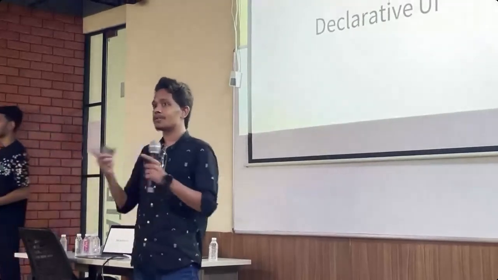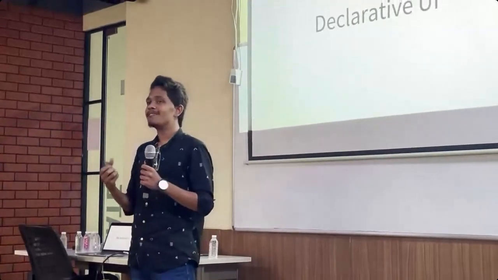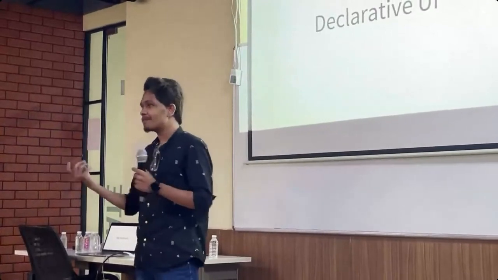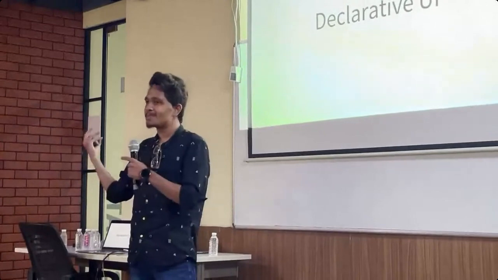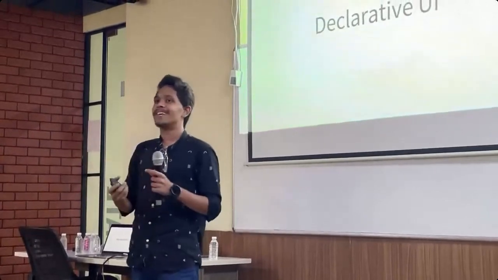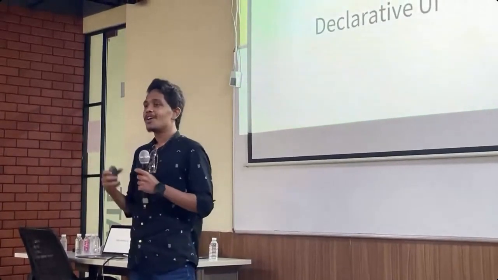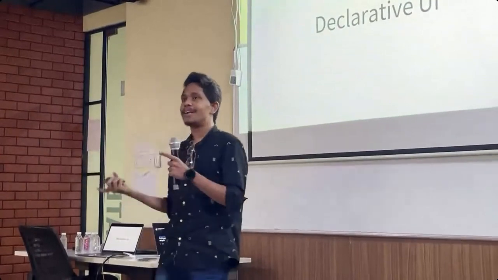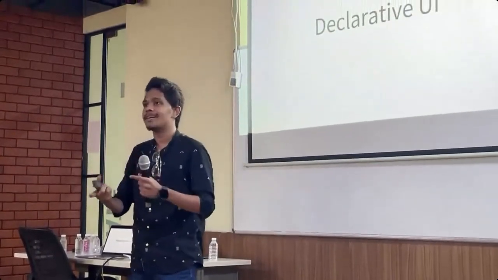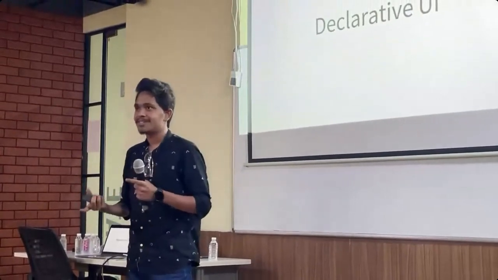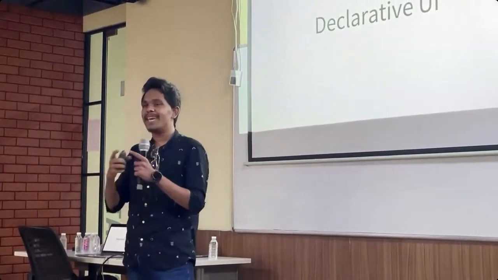And someone who is a cook, what will he do? He will prefer to bring his own vegetables from the bazaar, bring his own fruits, cook it himself, and then eat it. So this is the difference between imperative and declarative UI. In declarative UI, we are telling what to do rather than telling how to do it. That's the main key difference.